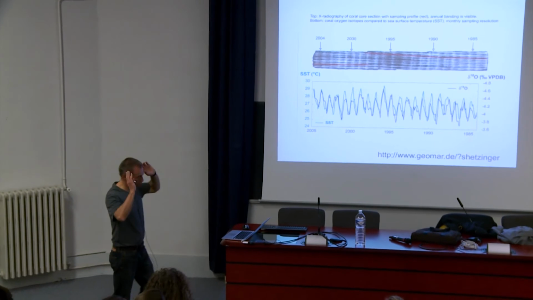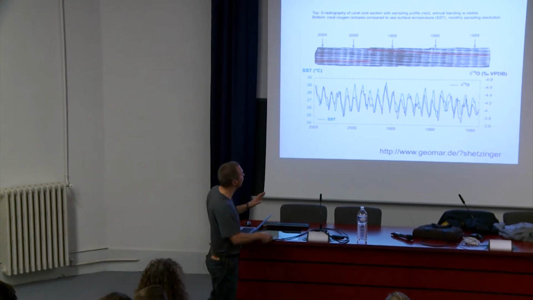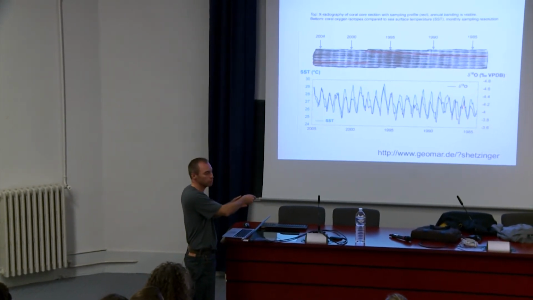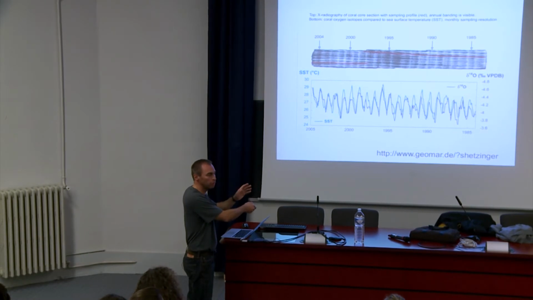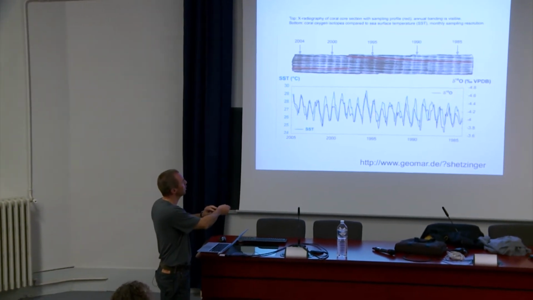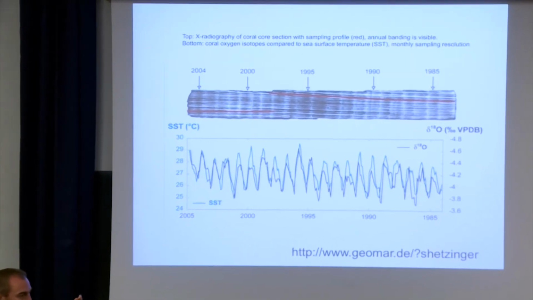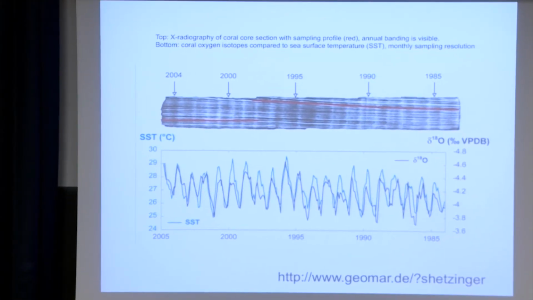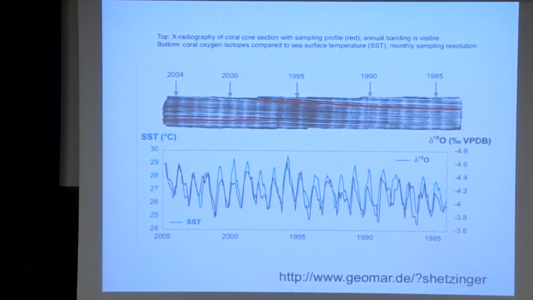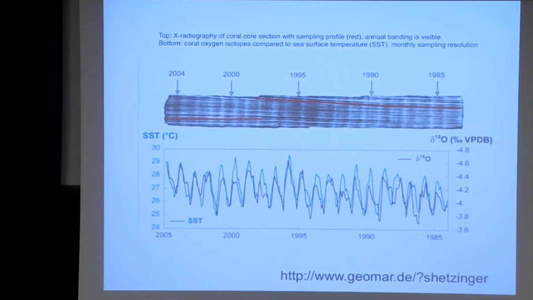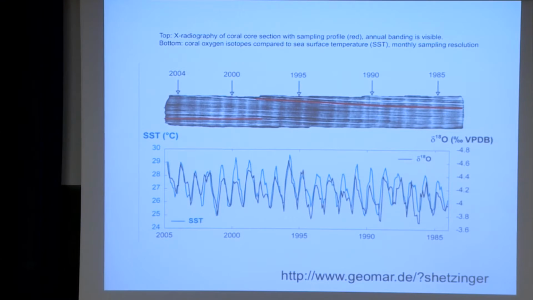There's no way we can measure the oxygen isotope composition or the strontium calcium ratio to a precision that is much better than these differences here. This is for sure. It's not an analytical problem. No, but this is a kind of precision, not necessarily resolution. These are two different things. You can measure very well, but not measure the real thing, the real point.